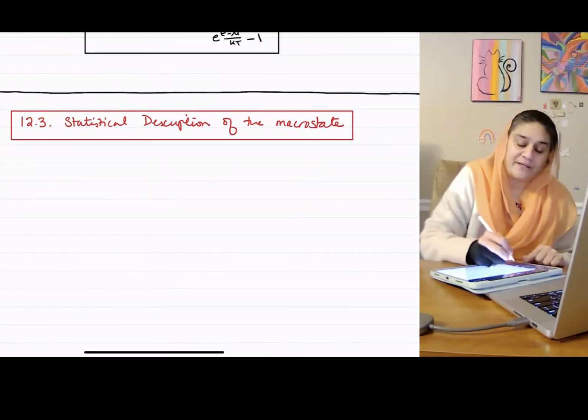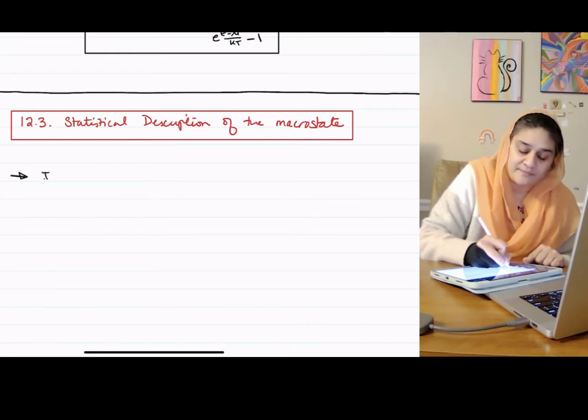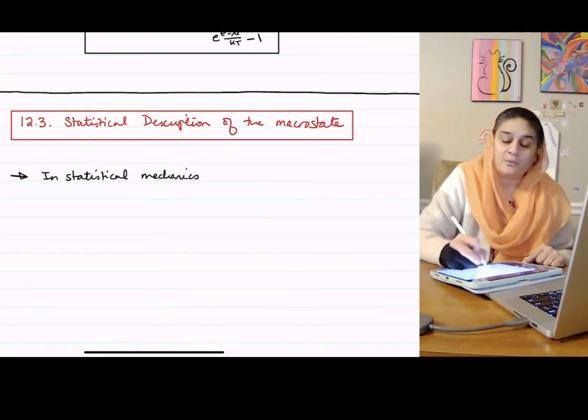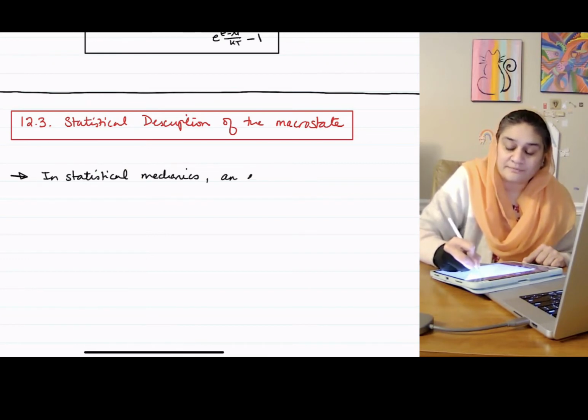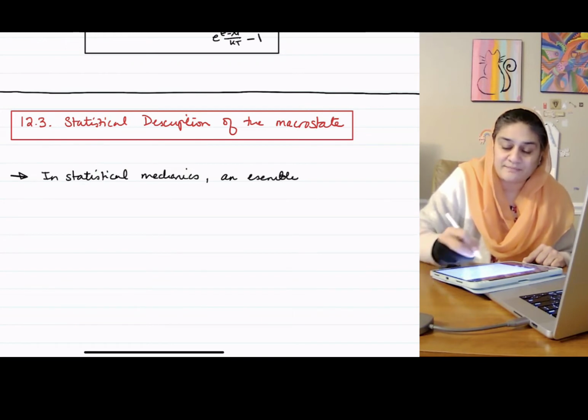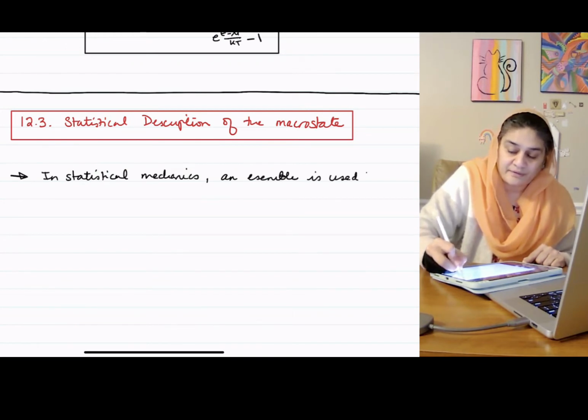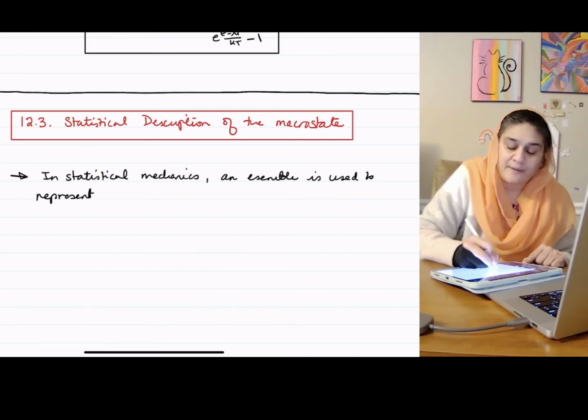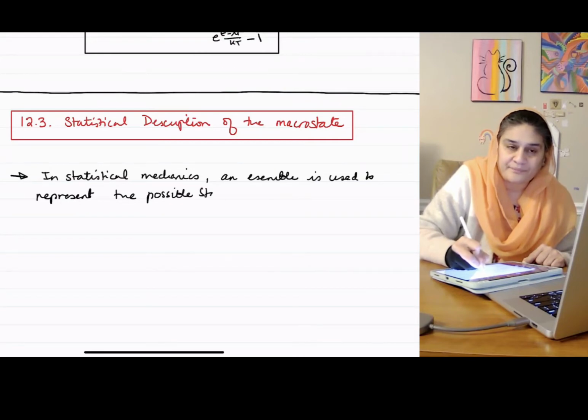We know that in statistical mechanics, we use an ensemble to represent the possible states of a mechanical system.